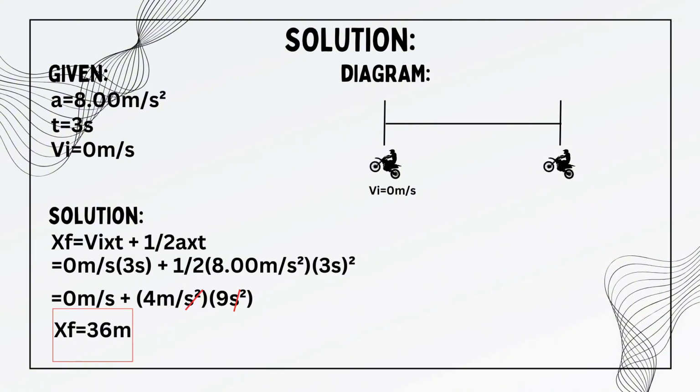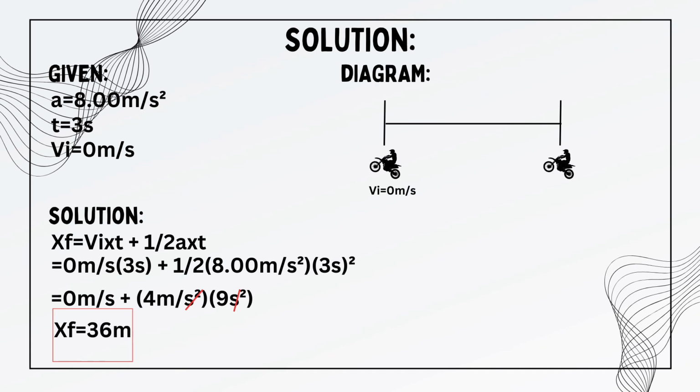After substituting it, let's now solve it. 0 meters per second times 3 seconds is equal to 0. Then multiply 1/2 by 8 meters per second squared to get an answer of 4 meters per second squared. Then 3 seconds squared has an answer of 9.